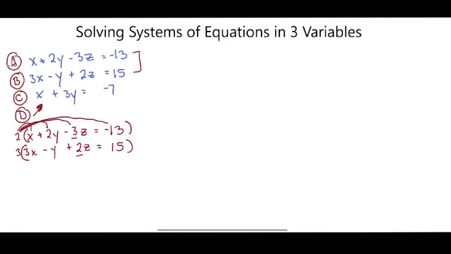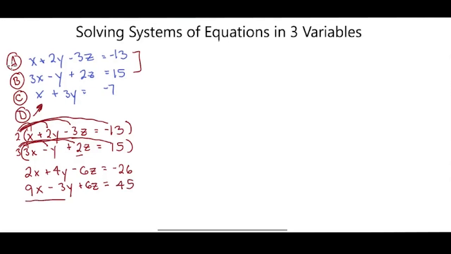So that gives me 2x plus 4y minus 6z equals negative 26. On the bottom, I'm going to use the distributive property, so I will multiply everything by 3. So I'm looking at 9x minus 3y plus 6z equals 45.